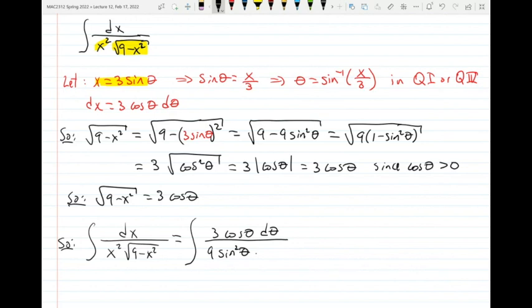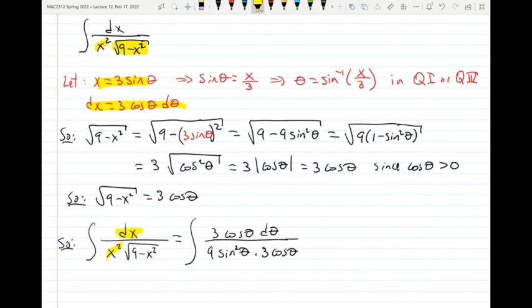And then the radical is 3 cosine. I'm just replacing each term, okay? So the x is this guy. That's all I did. I replaced it there. Then x squared is this x squared, right? So that's 9 sine squared. And the square root, we already have it here. So all I did was put everything in my integral.